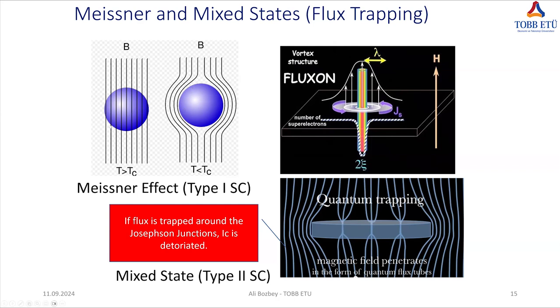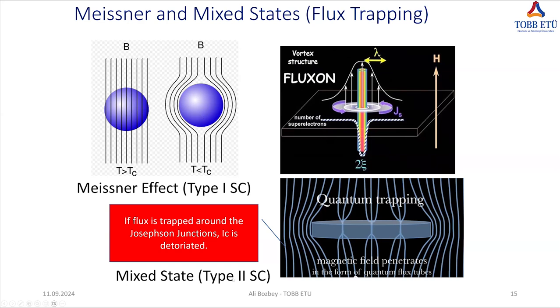One of the other properties is the Meissner effect. It says that in a superconductor there cannot be a magnetic field. Even in a metal or in some other dielectrics, a magnetic field can penetrate. But especially in type 1 superconductors, it's a perfect diamagnet and no magnetic field can penetrate.